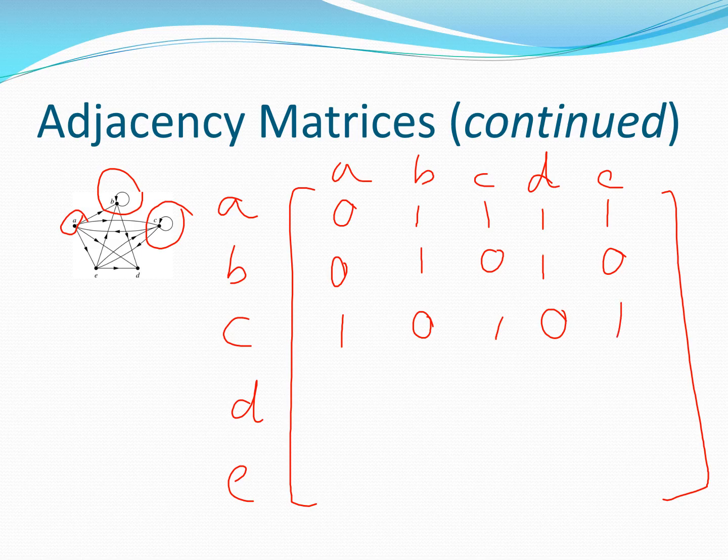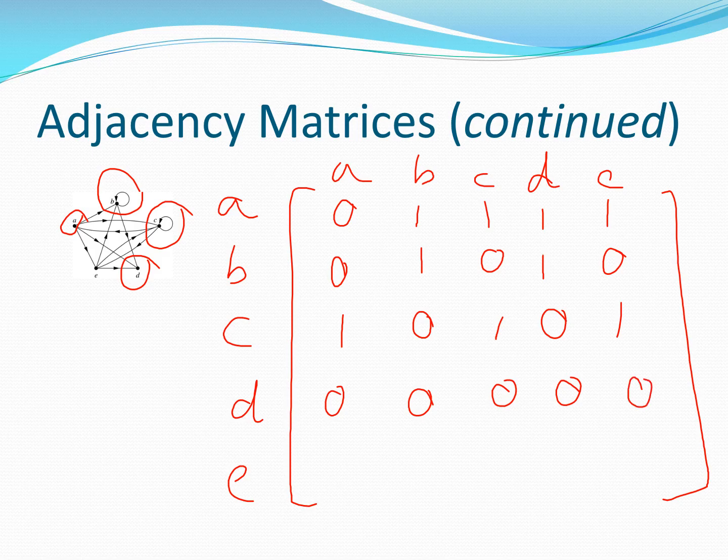All right, now let's take a look at D. D does not have any outgoing edges. So D to A, there is no edge. D to B, there is no edge. D to C, there is no edge. D to D, there is no loop. D to E, there is no edge.